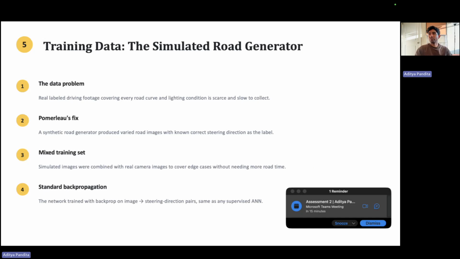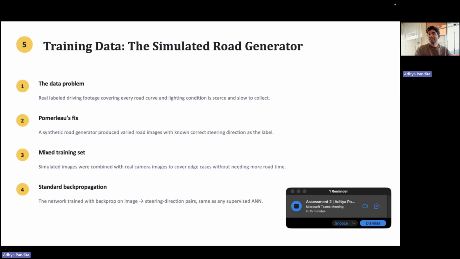Training data: the simulated road generator. The problem: to train a network, you need lots of labeled examples, that is, images paired with the correct steering direction. Real driving footage covering every road type and lighting condition is expensive and slow to collect. So Pomerleau's solution was to build a synthetic road generator that produces highly randomized road images and automatically knows the correct steering label for each one.